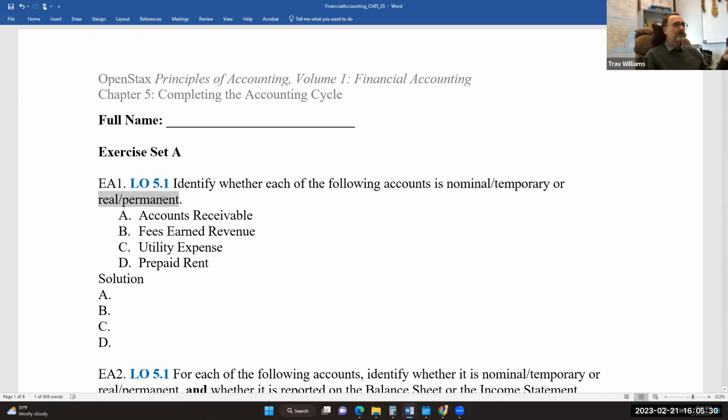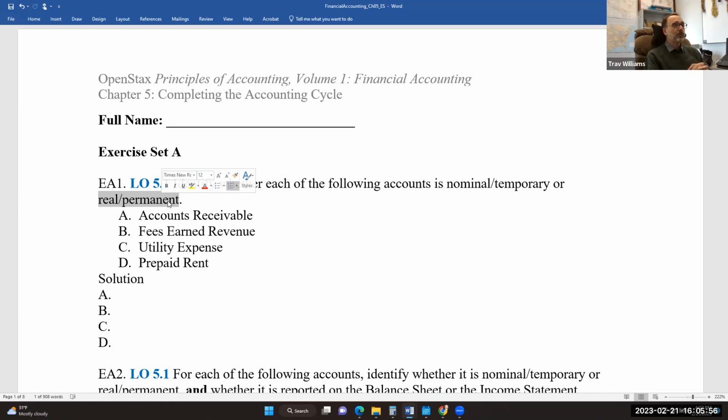A permanent account can be called a real account, kind of like real estate, but again, I use the term permanent. The accounts that get closed out at the end of the year, or sometimes a shorter period, are the temporary accounts. The ones that don't get closed out are the permanent accounts.